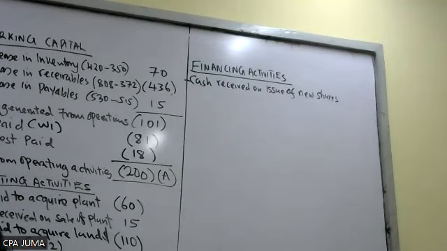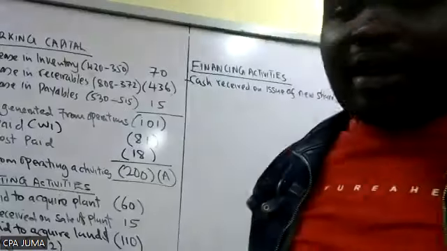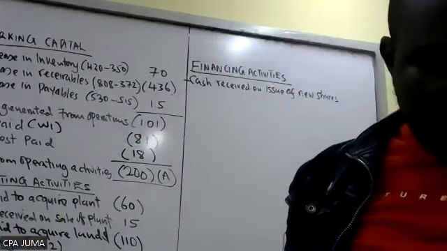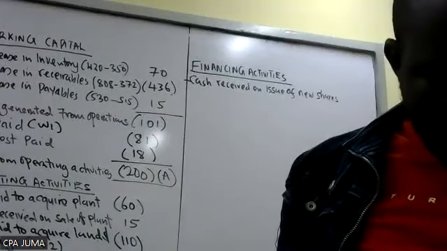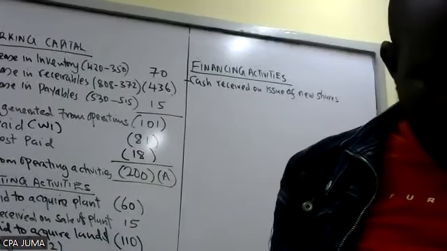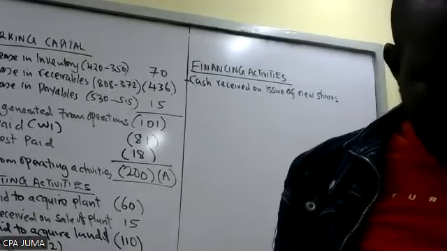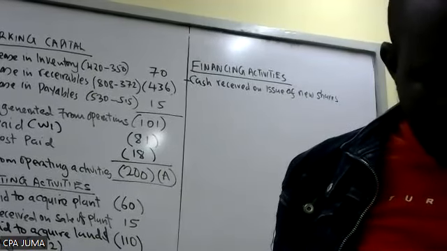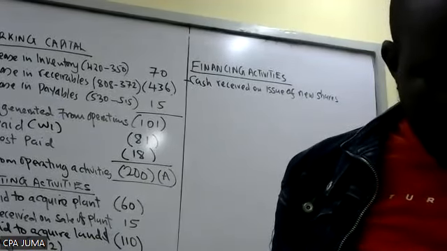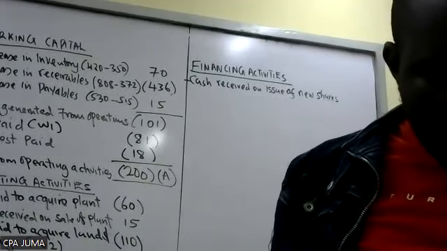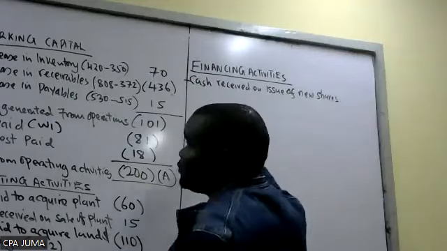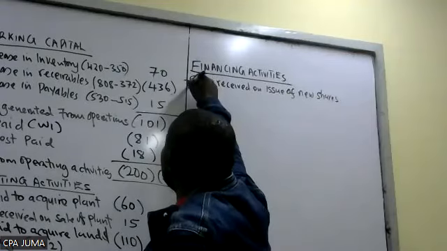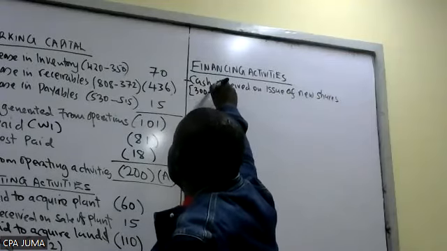So check the closing value of ordinary shares. Combine ordinary with premium. Ordinary closing, if you check keenly, you'll be able to see 300. And the premium, you'll be able to see 60. So this will be 300 plus 60.